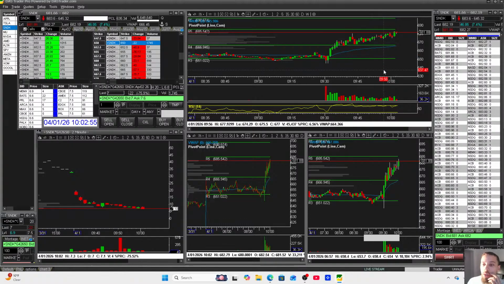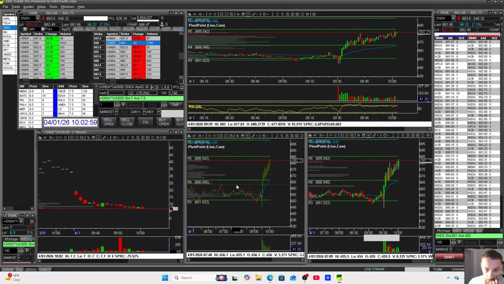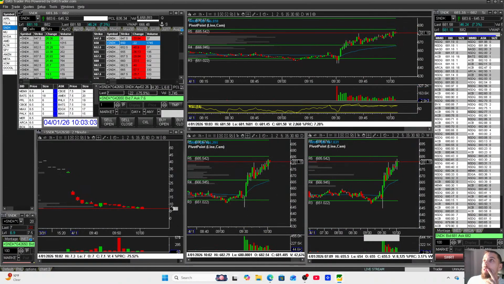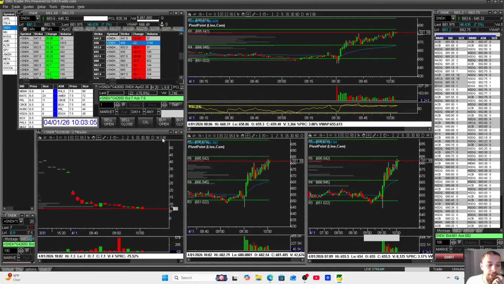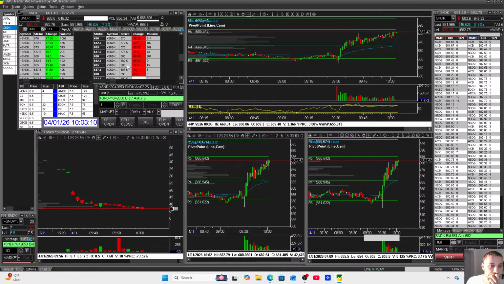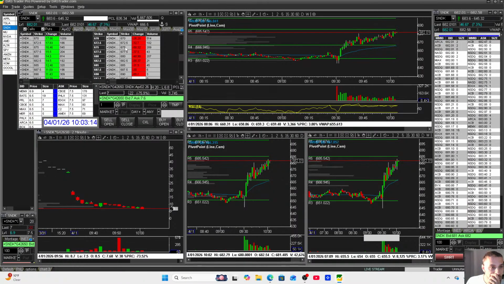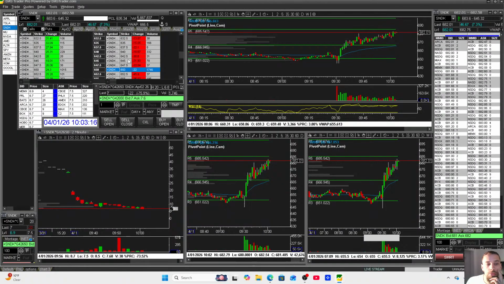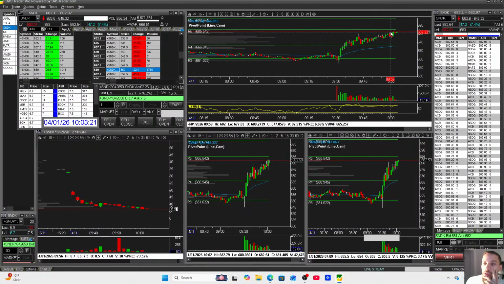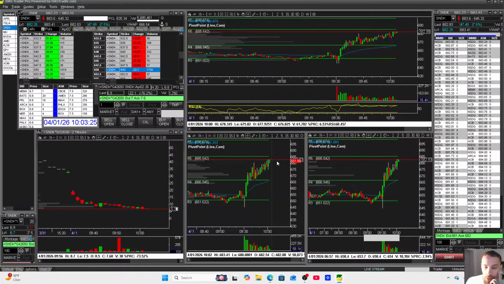Because then we're really near the average true range of SNDK, and then it can be a good potential pullback. No signal for me just yet here. Still very bullish.